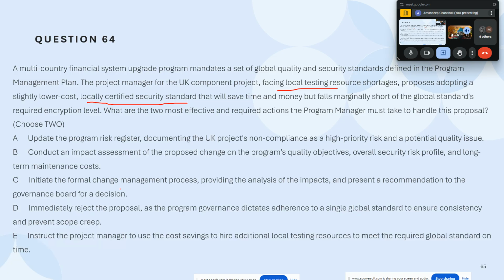This is where you'll have to be very careful when you're reading these kinds of things. One side, your immediate reaction is, oh, he's going to go ahead and execute using the local standard. Oh, that's a risk, let's talk through compliance. But hold on, has he started that yet? No. What is he proposing? He's proposing a change. Understand over here, it proposes adopting a slightly lower cost. He's still proposing.